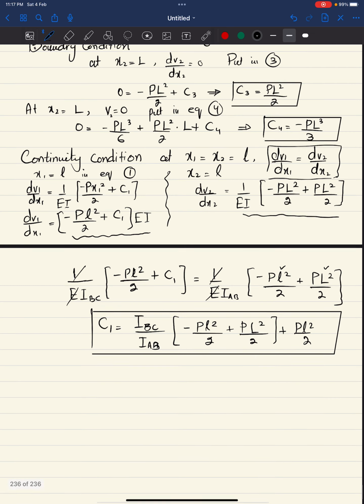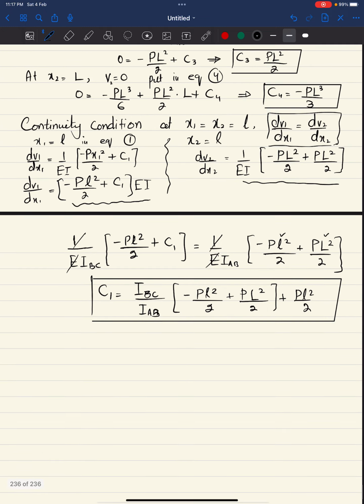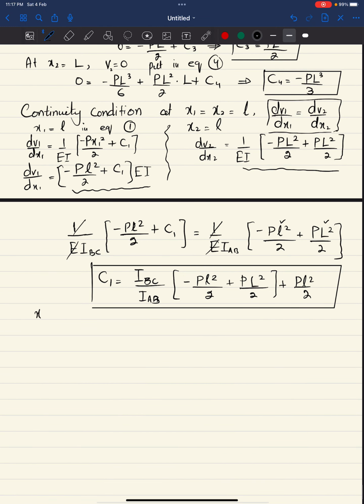We will put another boundary condition that I have already told you: at x1 is equal to x2 is equal to small l, we have v1 is equal to v2.